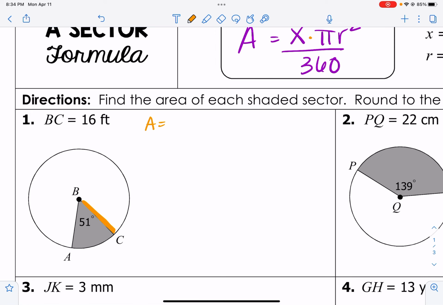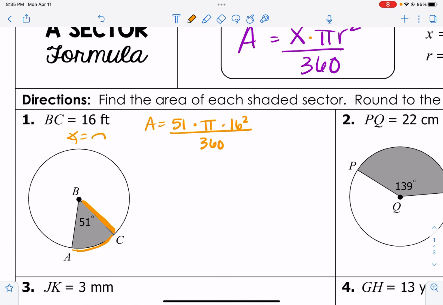Well, this is a central arc. That means the angle is equal to the arc. So our arc is 51 times pi times 16 squared divided by 360.